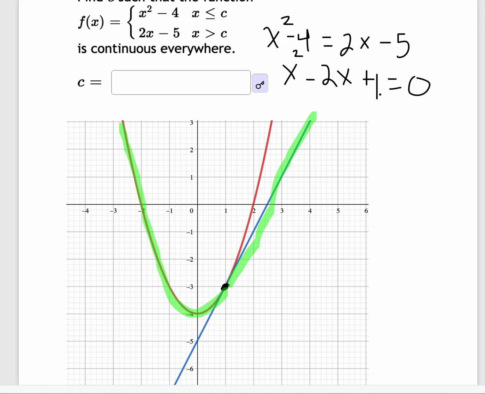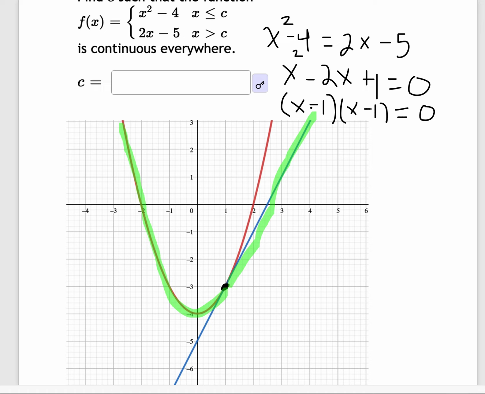Now, once we have this quadratic to solve, we can solve it by factoring, completing the square, the quadratic formula, however you want to try to solve this. I'm going to use factoring because I can see that this factors nicely. So I have (x minus 1)(x minus 1).